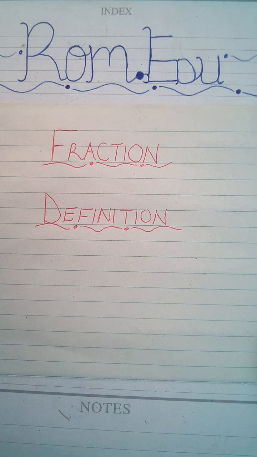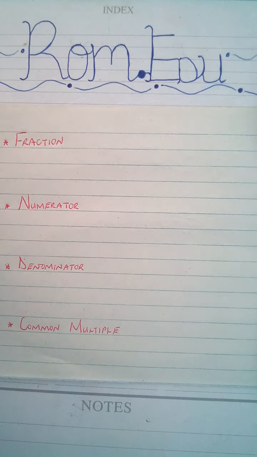Definition. So I'm going to give you definitions of terms that you're going to use when you're looking at fractions. To look at is the name fraction itself. So we're going to define what a fraction is in simple terms, or as per O level.